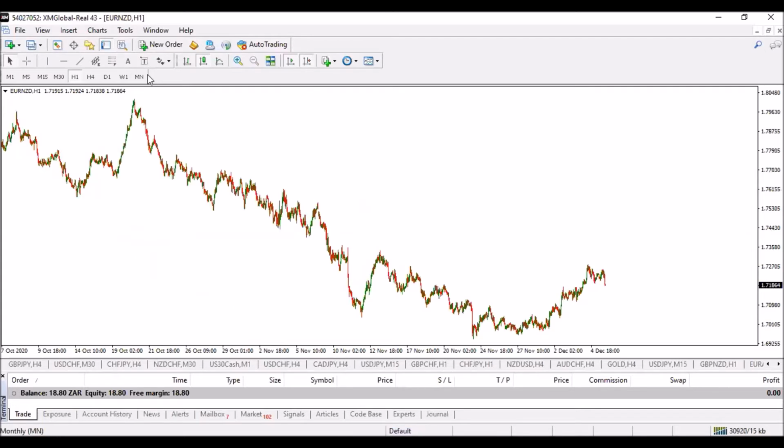So if we're just looking at structure, we already know this. It's basically moving down here. And then we have a push impulse up there.